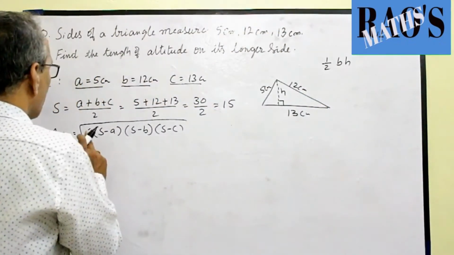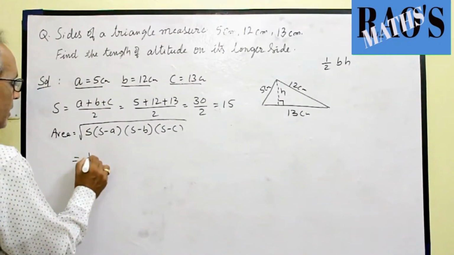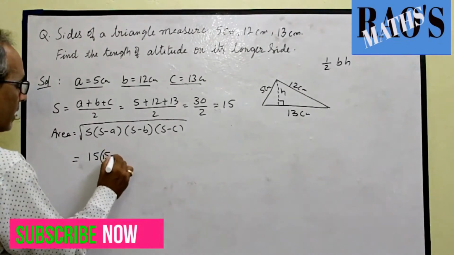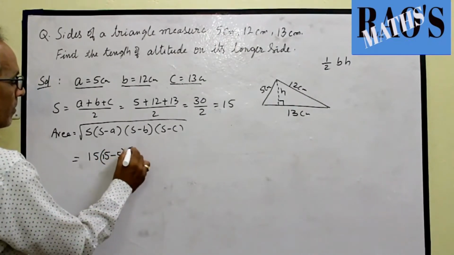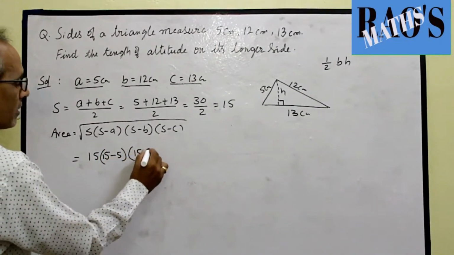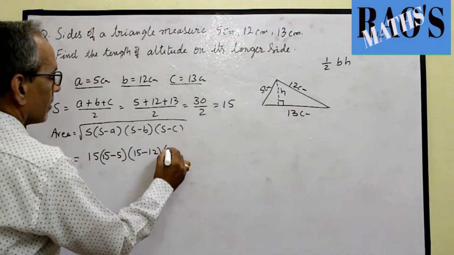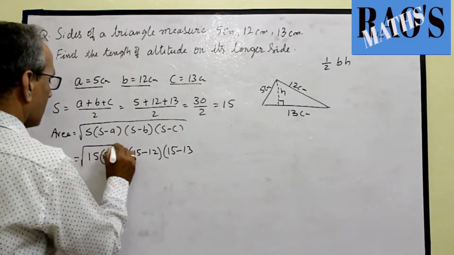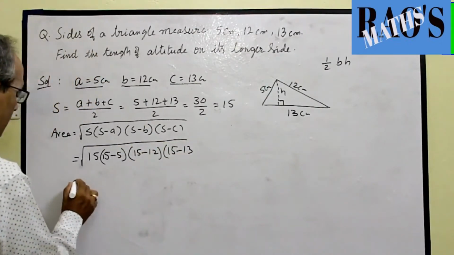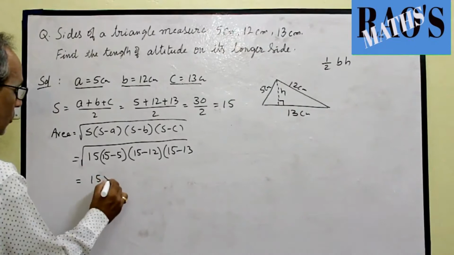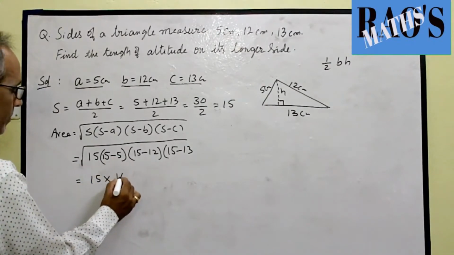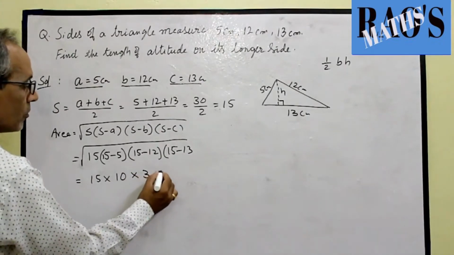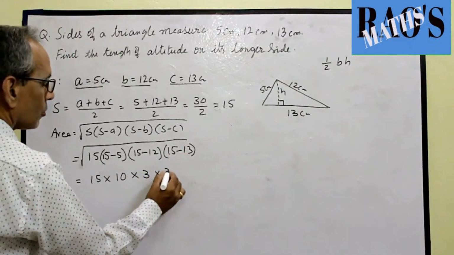Now we have s for 15, so root of 15 into 15 minus 5, 15 minus 12, 15 minus 13, is equal to 15 into 15 minus 5, 10, into 15 minus 12, 3, into 15 minus 13, 2.